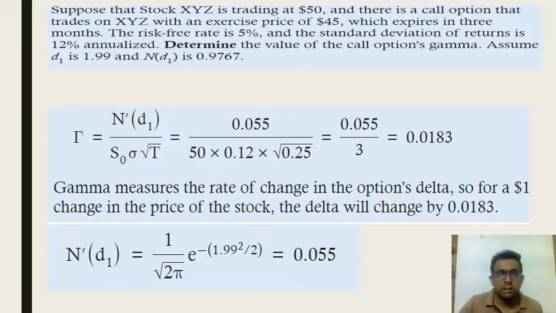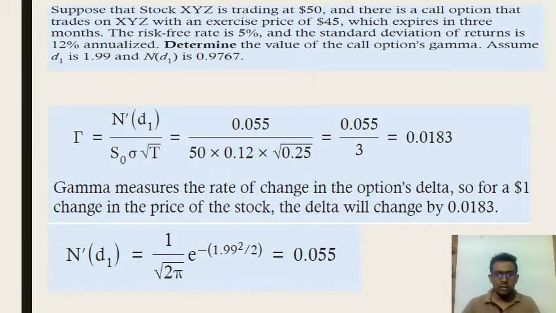Coming to an example, suppose the stock price is trading at 50, the exercise price is 45, the period is 3 months, the risk free rate is 5%, and the standard deviation is 12% annualized. Determine the value of gamma and assume d1 is 1.91 and N of d1 is 0.9767. You need to understand that it is not N d1 that we are talking about, it is N dash d1.